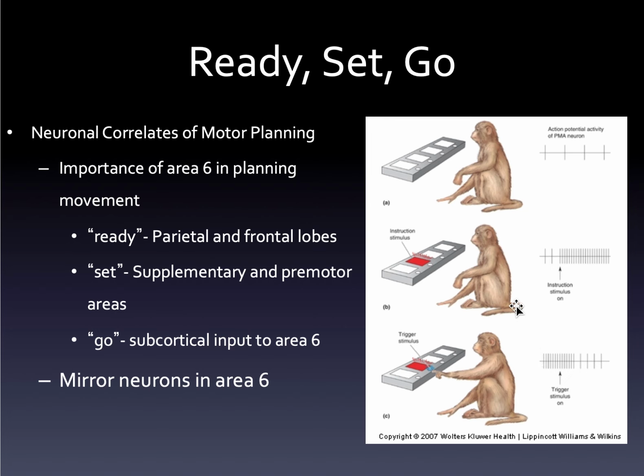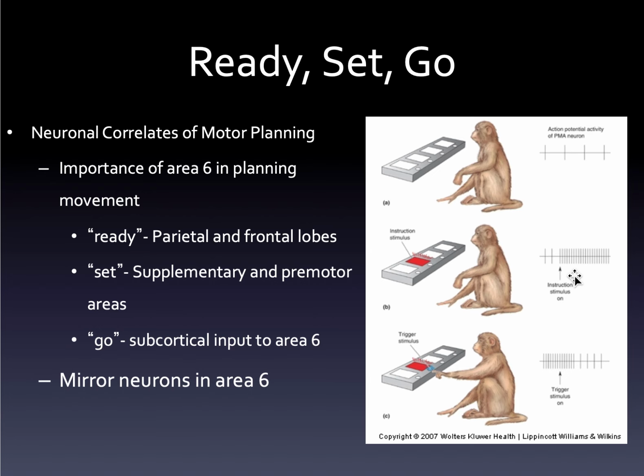So we see evidence that the neurons in this area are not only involved in direct control, as we described earlier, the direct output from area 6 to the alpha motor neurons, or via the reticulospinal tract, but also in this motor planning. So sitting at that input interface between the parietal cortex and the prefrontal cortex, we see this motor plan formed in area 6.